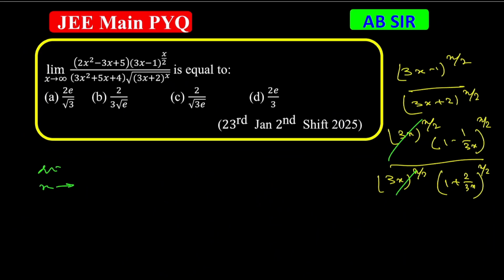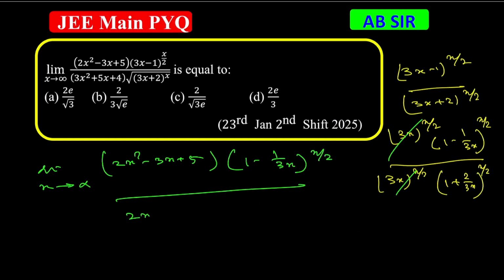Limit x tends to infinity. So (2x square minus 3x plus 5) into (1 minus 1 by 3x) whole to the power x by 2, total divided by, sorry, here it is (3x square plus 5x plus 4) into (1 plus 2 by 3x) whole to the power x by 2.